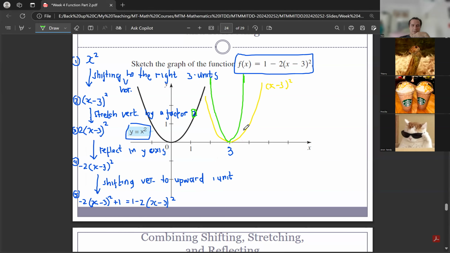Why? Because our graph is stretched vertically, so the graph will be skinny. After that, we reflect. So we have the 1, 2, 3 graph. The fourth is we reflect in the x-axis.